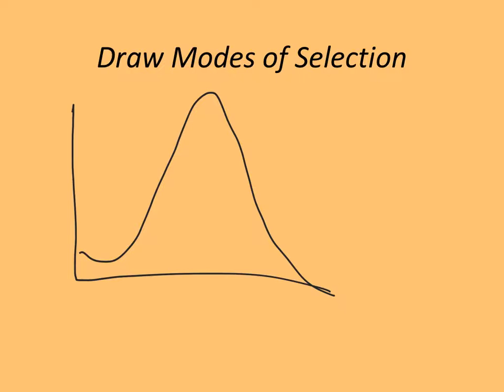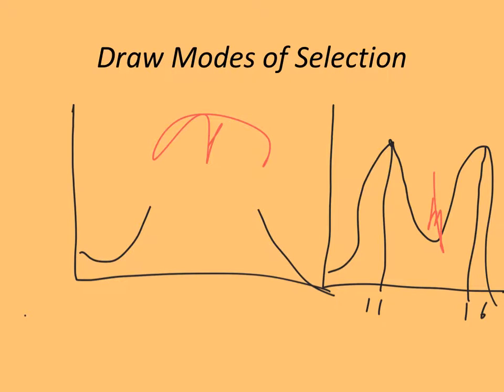So those with a medium-sized bill are getting outcompeted by all the other ones. Okay, so this is disruptive selection.